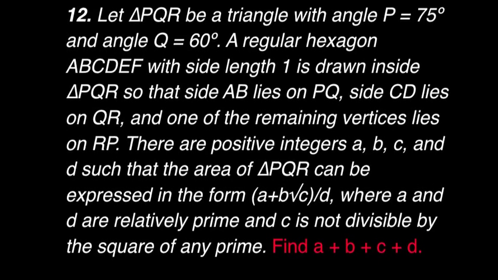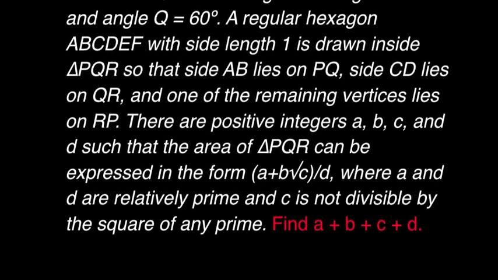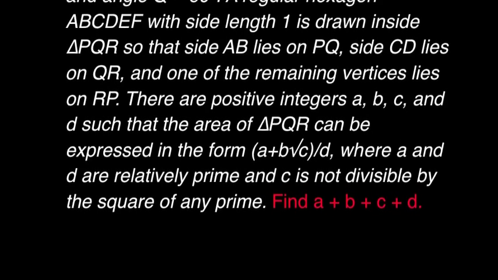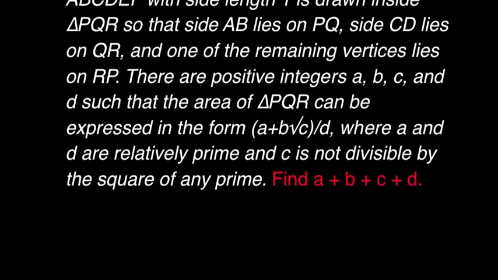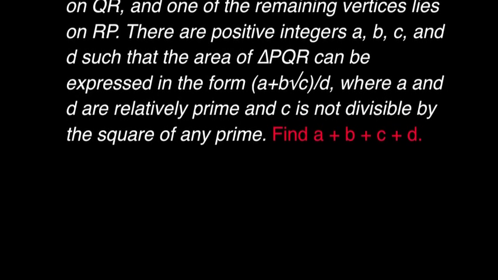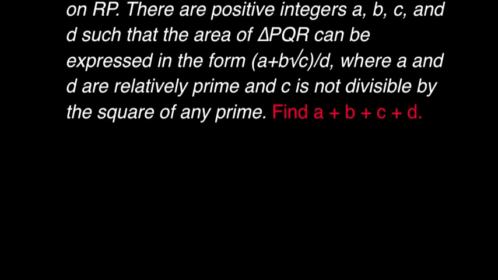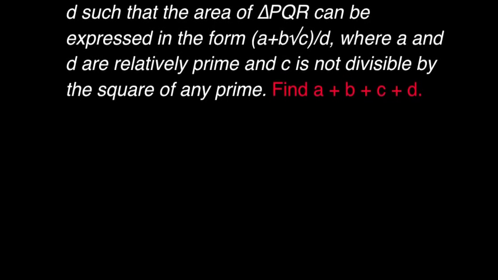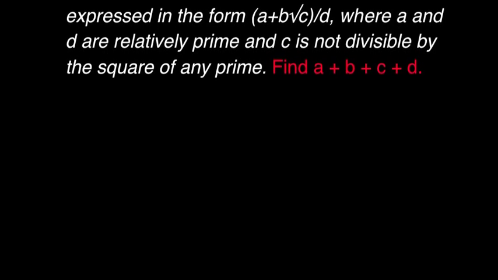There are positive integers a, b, c, and d such that the area of triangle PQR can be expressed in the form (a plus b root c) over d, where a and d are relatively prime, and c is not divisible by the square of any prime. Find a plus b plus c plus d.